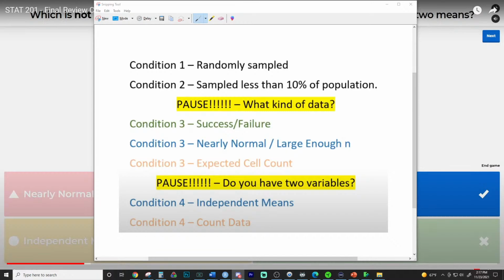Trying to memorize those pesky conditions for tests and intervals? Here is the step-by-step way to get them right each time. Don't forget those. I don't think we have pause. Do we have pause here?